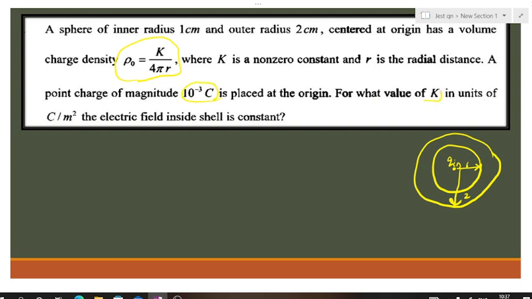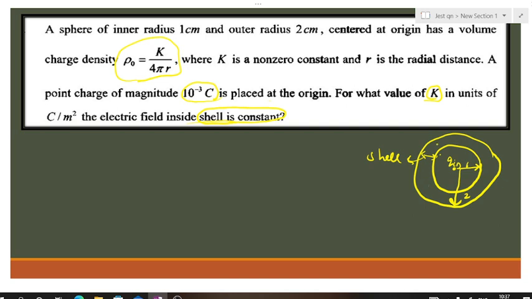For what value of K is the electric field inside the shell constant? That means we have to find, this is the shell, this is the sphere, this is the shell. So in here we have to find the electric field constant.